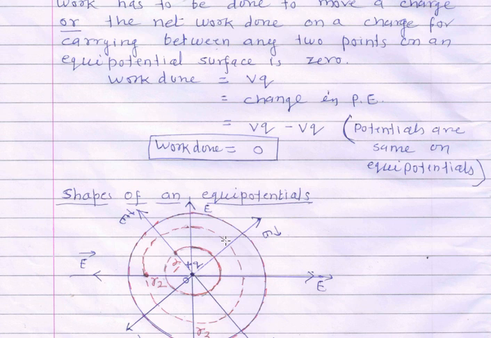And one more thing: suppose the potential at the small circle is V1. For the second circle of radius r2, the potential is V2. For the third one, it is V3. Then V1 is greater than V2, which is greater than V3, because this is the closest one, so it is greater, then it is smaller, and this is the smallest one.